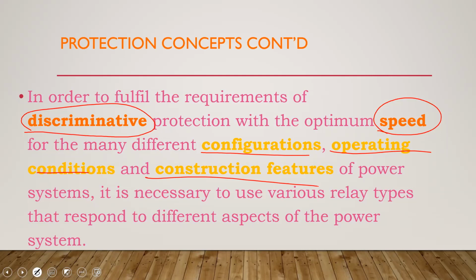All right. So with that said, we can now look at some other definitions and some other aspects of your protection system that we need to be able to appreciate and understand.